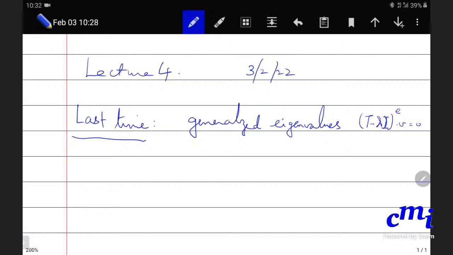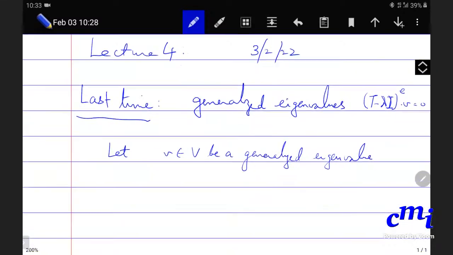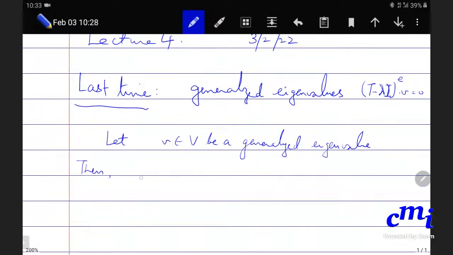And the other thing that we observed, which will be useful, is that if we let v inside V be a generalized eigenvector, then we start with v, then we take (T minus lambda I) times v, with exponent E, fixing the exponent.